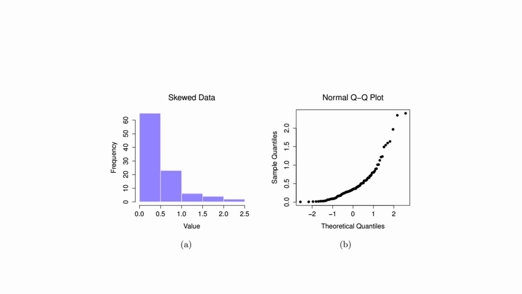Let me show you here. The right tail is longer than the left tail. The data is clustered on the left side of the distribution, which shows positively skewed data. So by just looking at the histogram, you can see that the data is not normally distributed.